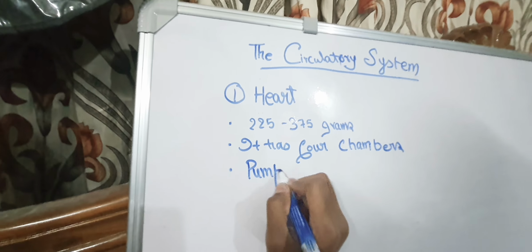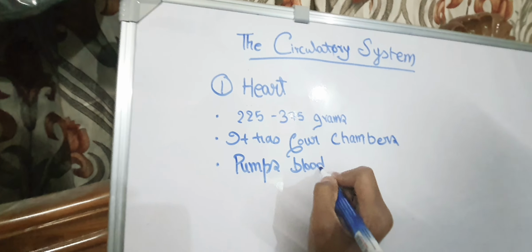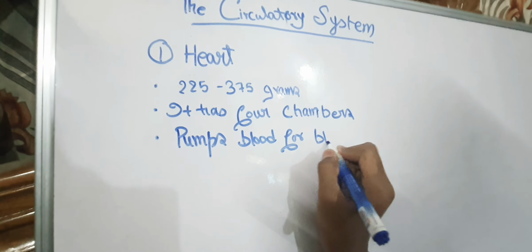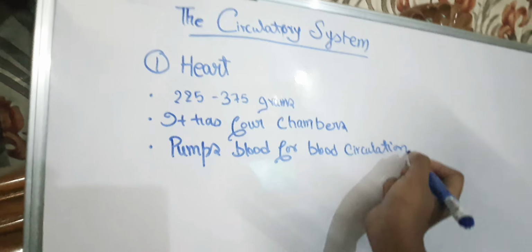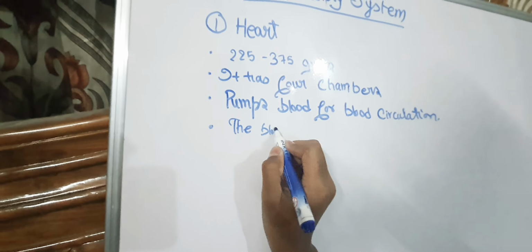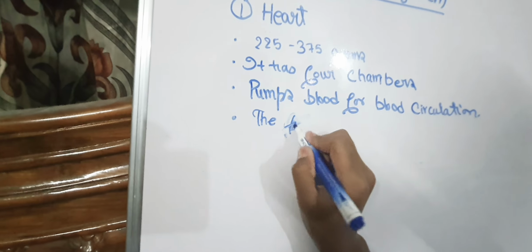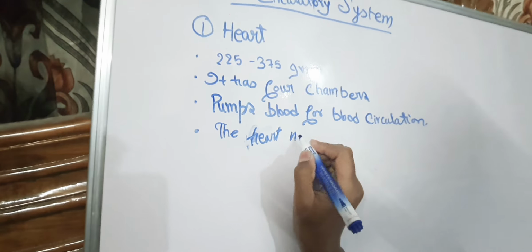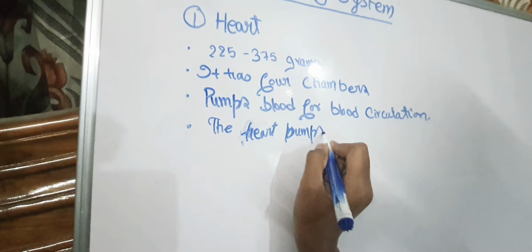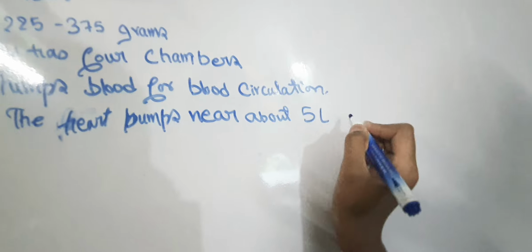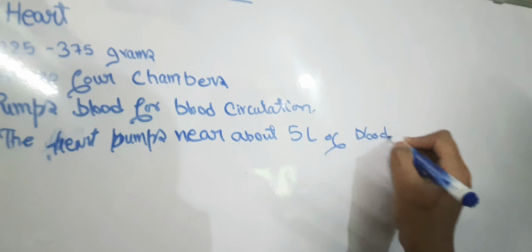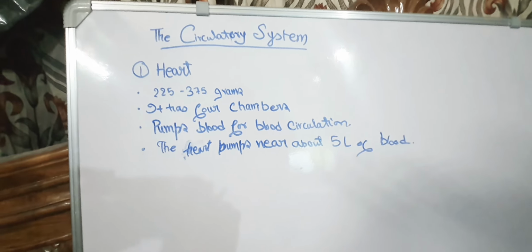The heart pumps blood for blood circulation, about 5 liters of blood at a time. Understood? This is the heart. Please take a note.